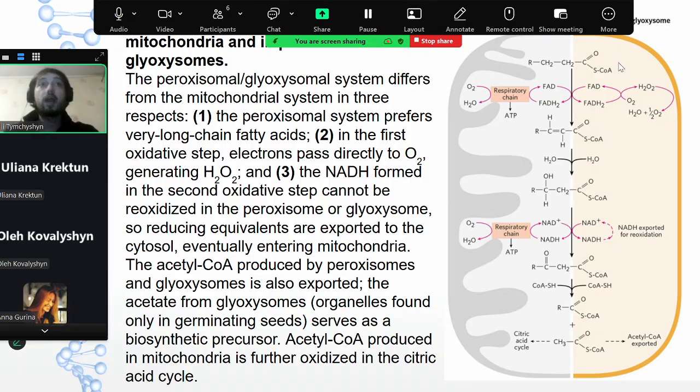So this is an acyl CoA. Once again, don't mix that up with acetyl CoA. Acyl CoA is some fatty acid connected to coenzyme A, so it has some long tail. Acetyl CoA means there are just two carbon atoms. Here there can be a lot more carbon atoms.